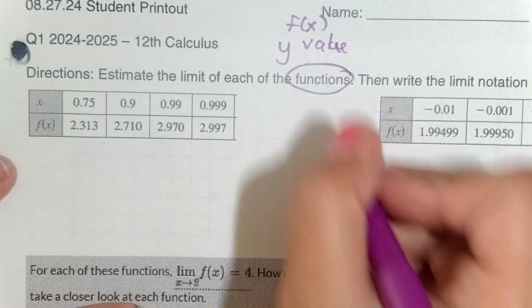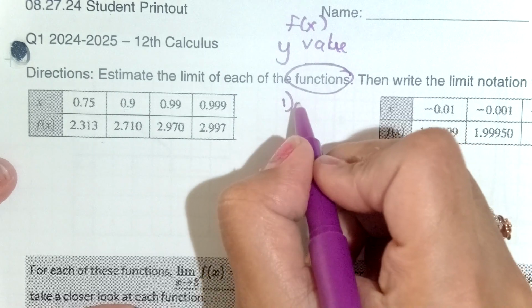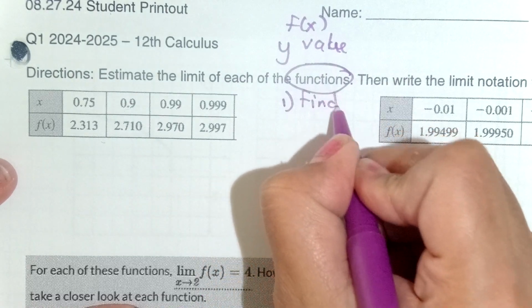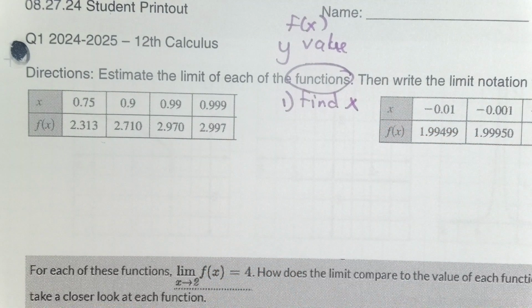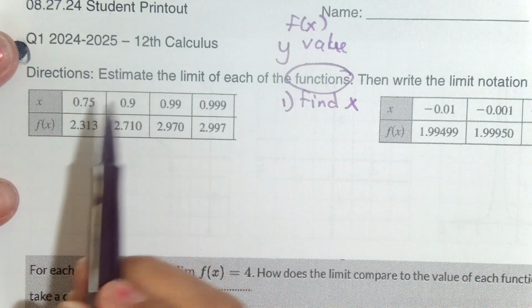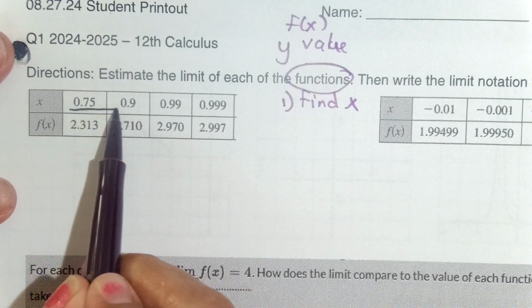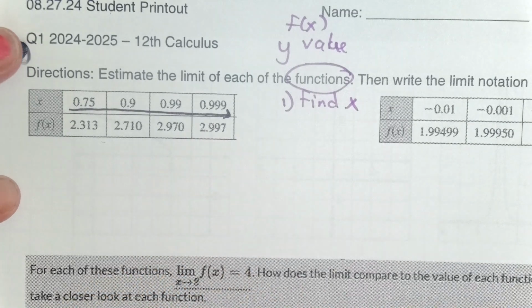The first thing you want to do is find out what x value it's approaching. So we need to look and see what x value your table is getting closer and closer to. Our table is getting closer and closer to what number?